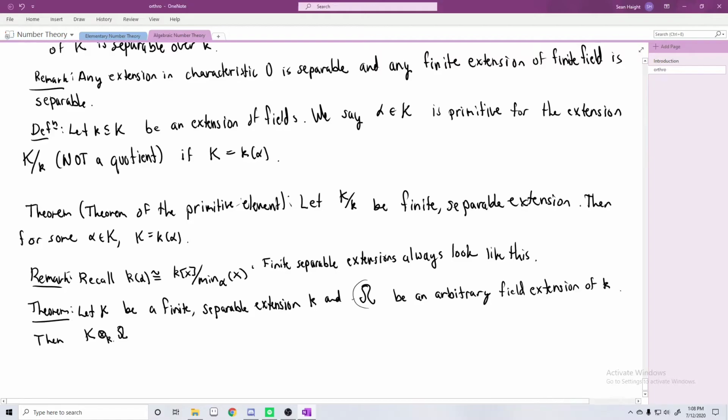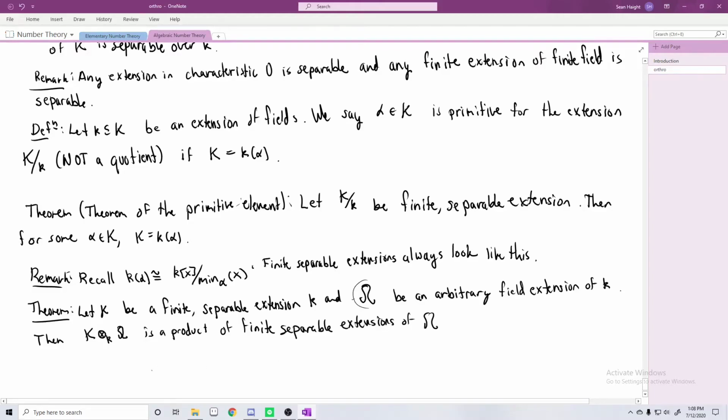Notice these are both extensions of little k, so they're both little k modules, or equivalently little k vector spaces, so this tensor product totally makes sense, and is a product of finite separable extensions of omega.